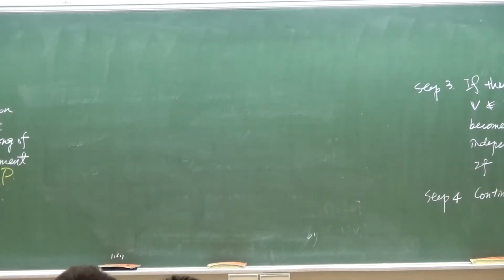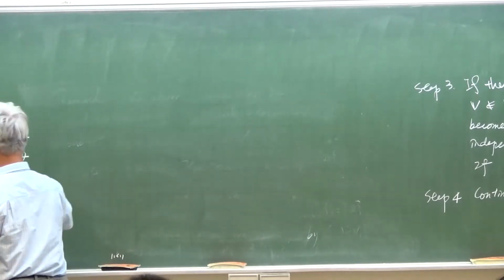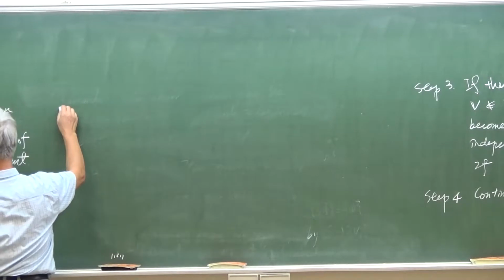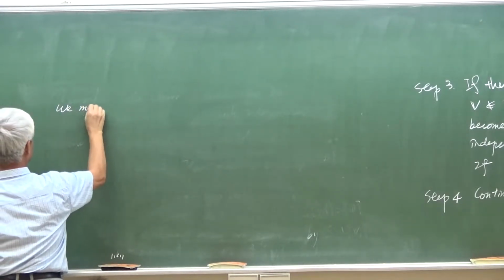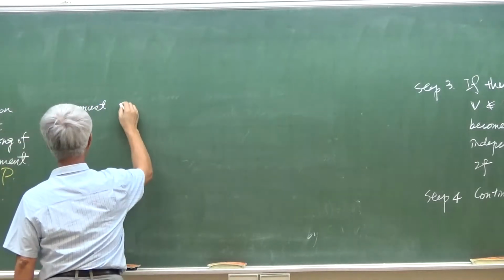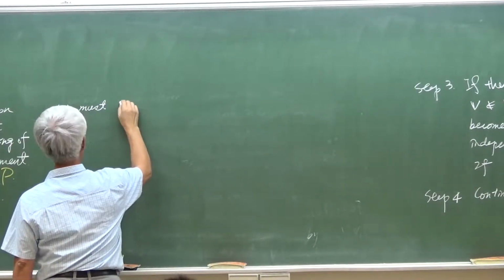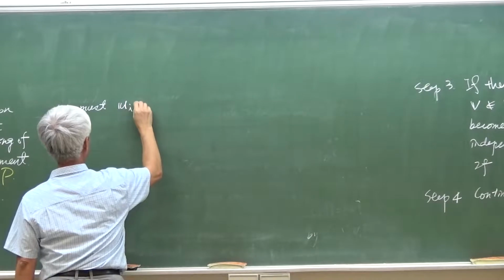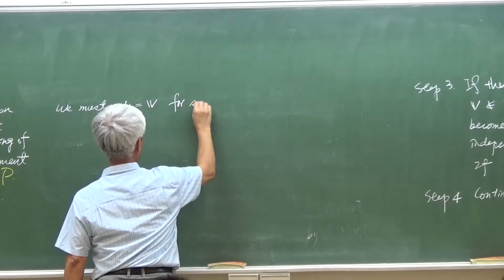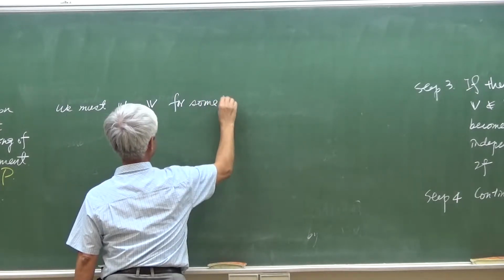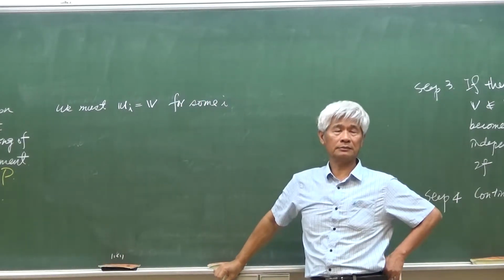First of all, we must have ui equal to v for some i. Why?